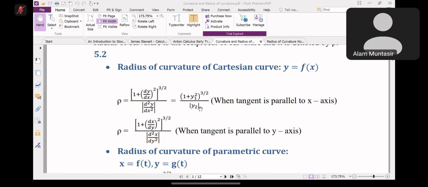If the tangent is parallel to x-axis, then we should use the first formula. And if the tangent is parallel to y-axis, then we should use the second formula. Actually, for the first formula, y is a function of x, and for the second formula, x is a function of y. So based on the given structure, you should use the relevant formula.